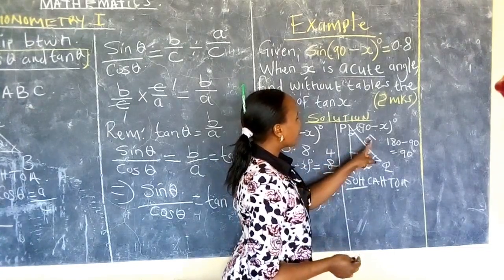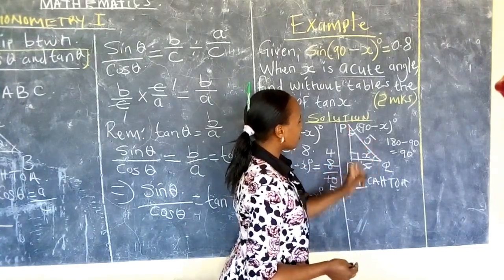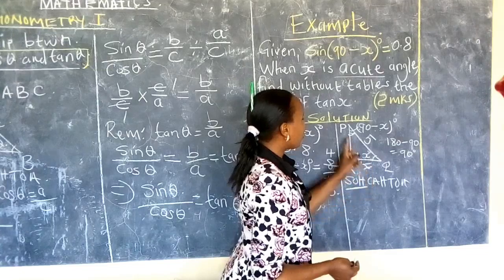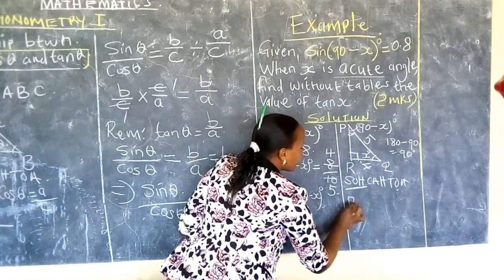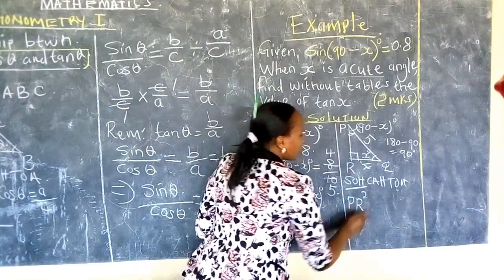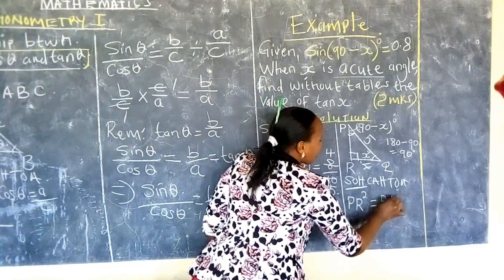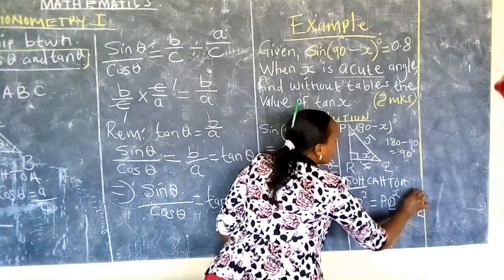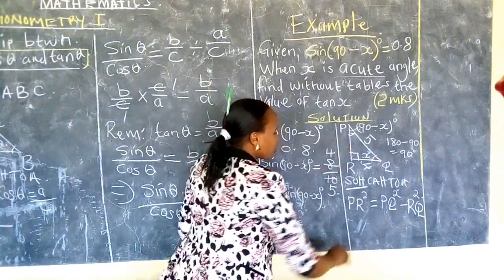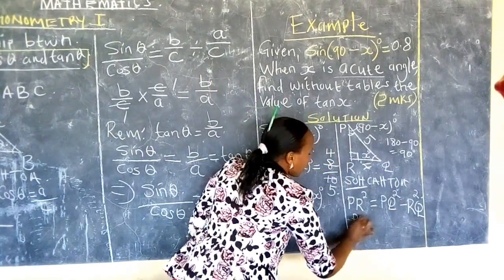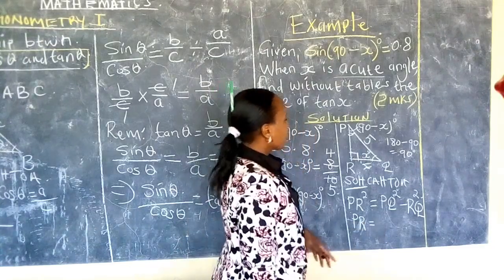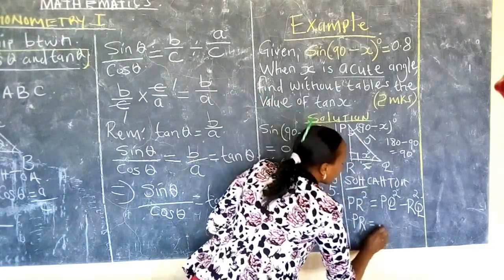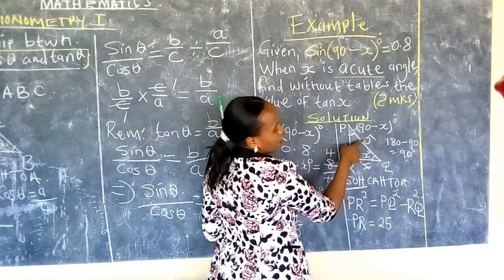So since we have PQ as 5 and RQ as 4, then using Pythagoras, we know that PR squared is equivalent to PQ squared minus RQ squared. PQ squared will give us 25 when we square 5.